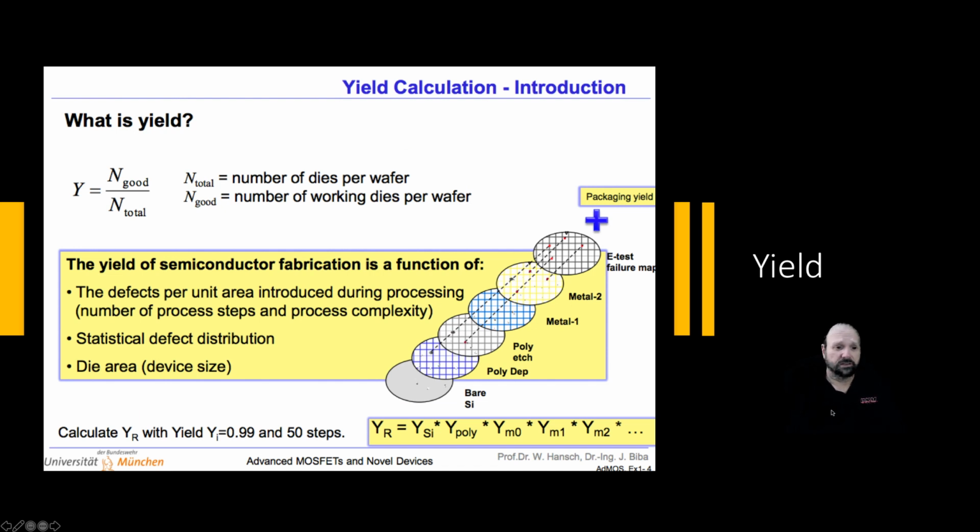So yield calculation is very simple to do. It's the number of good parts divided by the total number of parts that should have been good or could have been good, and it's a simple percentage.